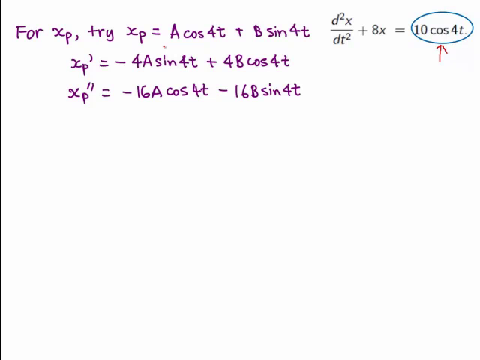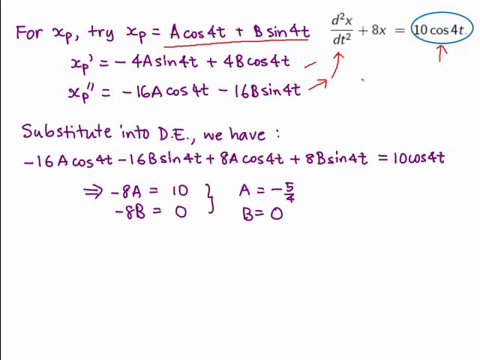For the particular solution, again we look at the right hand side. In this case, it's the same as in the earlier example. The right hand side is 10 cos 4t. So for xp, we might try xp = a cos 4t + b sin 4t. We find the first derivative in order to find the second derivative with respect to t, and it's the second derivative that we will substitute into the equation.